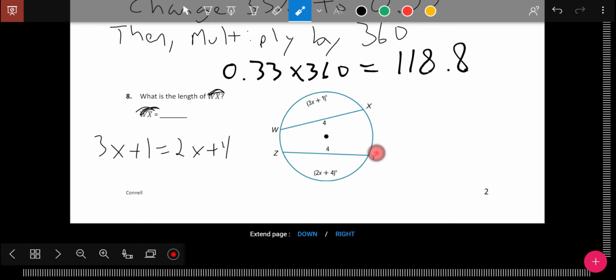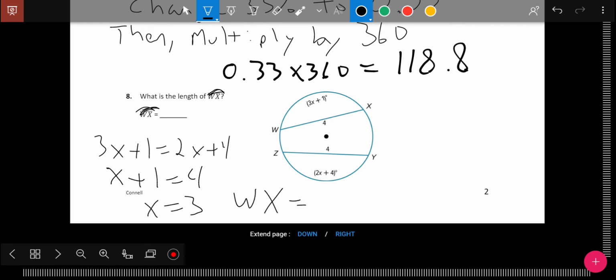If these two chords are congruent, then their arcs are as well. And so I would minus 2x from both sides. I get x plus 1 equals 4. I minus 1, I get x equals 3. And then WX then is 3 times 3 plus 1, or 10 degrees.